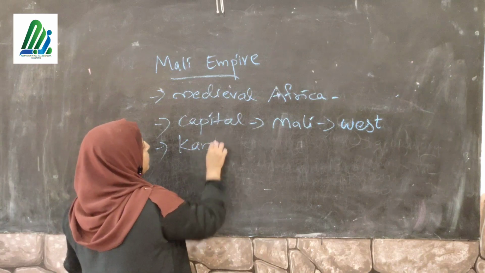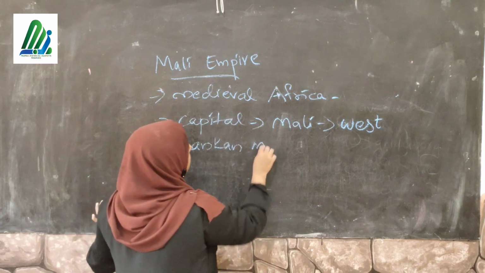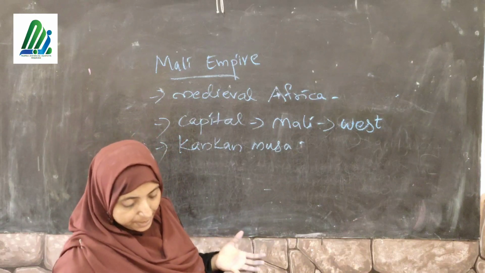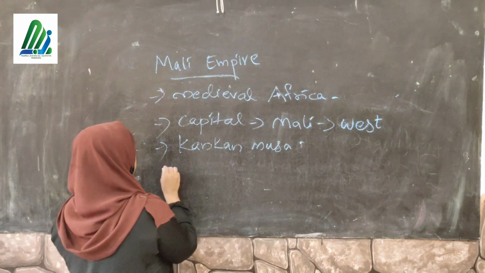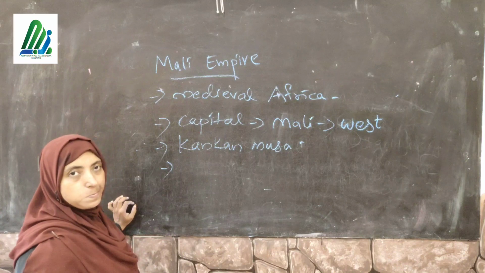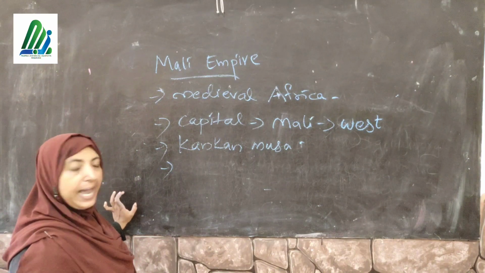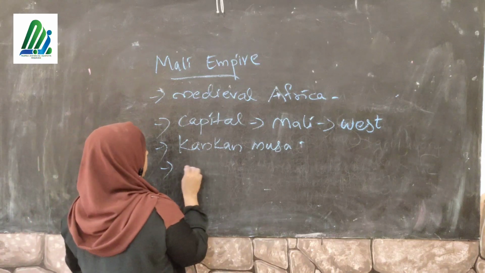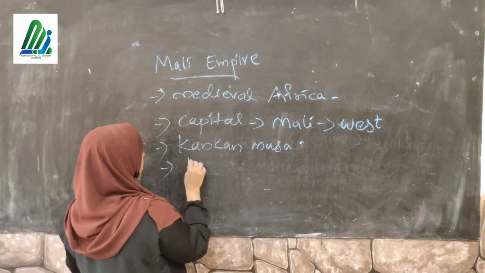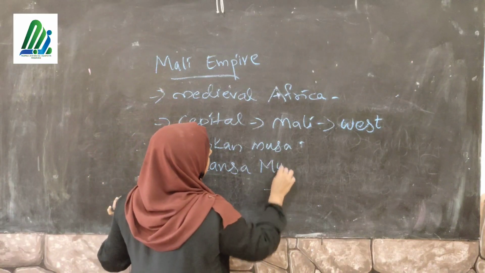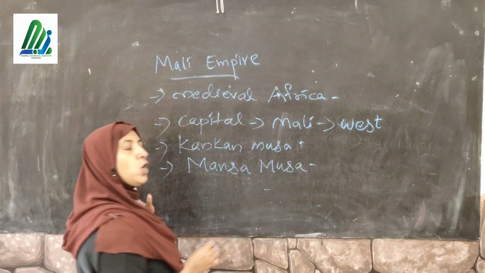Kangan Musa was the famous ruler. In European records, he is also known as Mansa Musa. Note that.